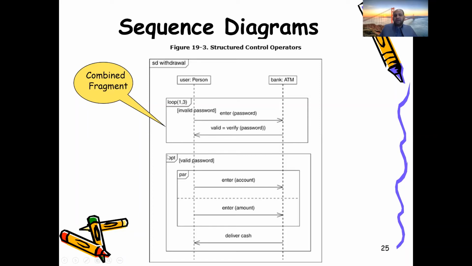So it is giving some sort of decision, some sort of if-else statement, that when the password is valid, then this combined fragment has to be used. Within that combined fragment, there is another combined fragment with the name of parallel. It is indicating that enter account and enter amount, both messages will execute in parallel. So this is the concept of combined fragment.